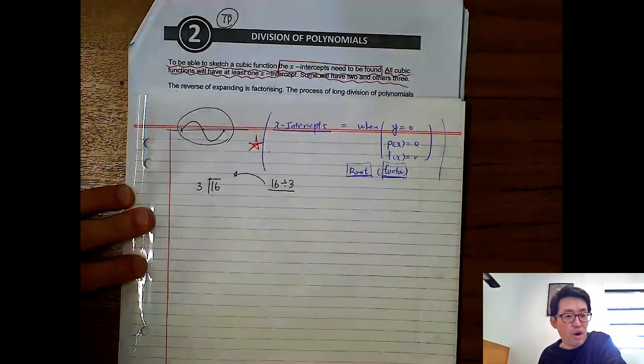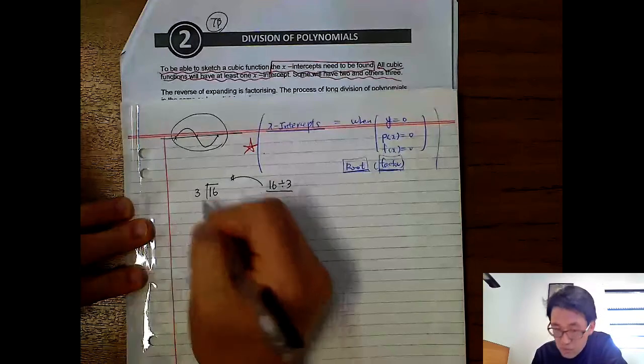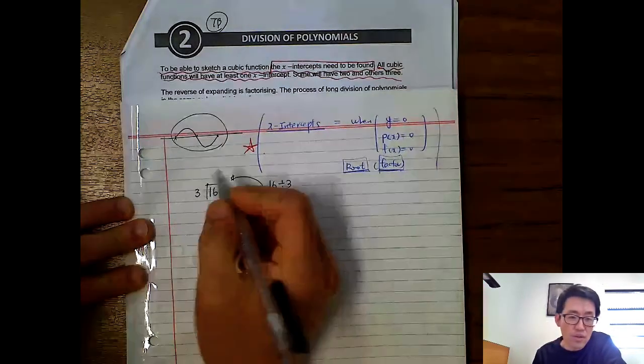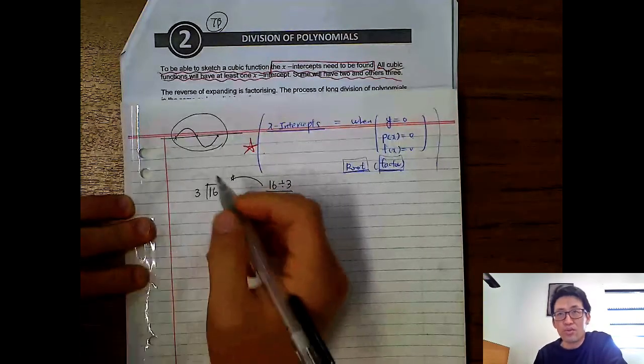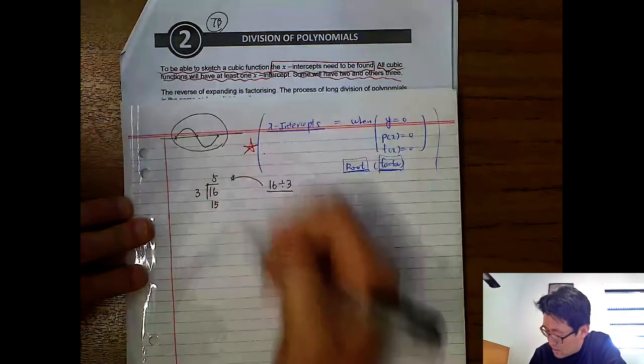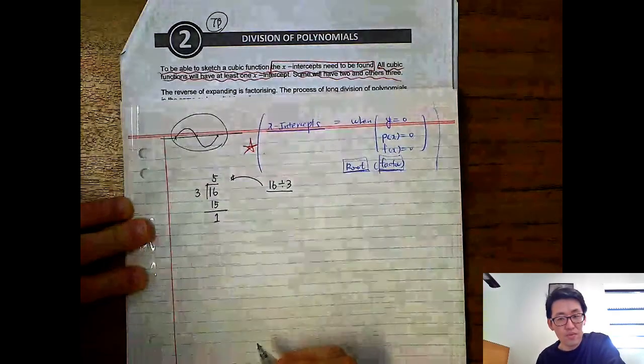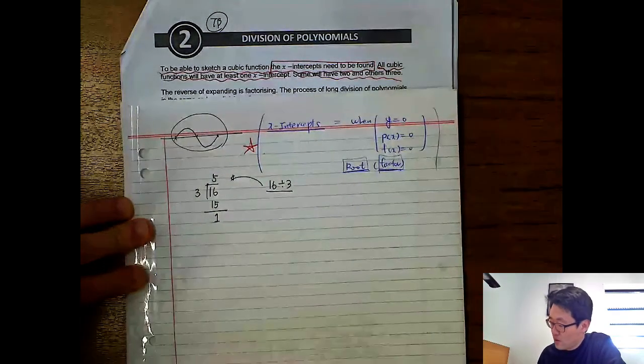From primary school, you do 3 into 16: 3 times 5 is 15, and you have 1 left. Do you remember that?